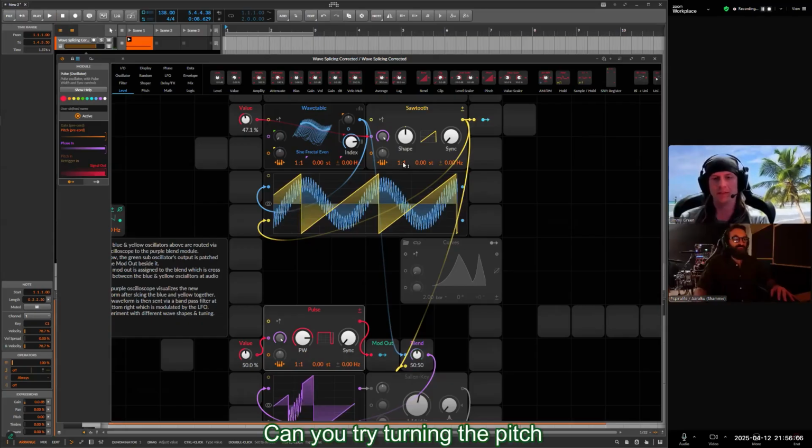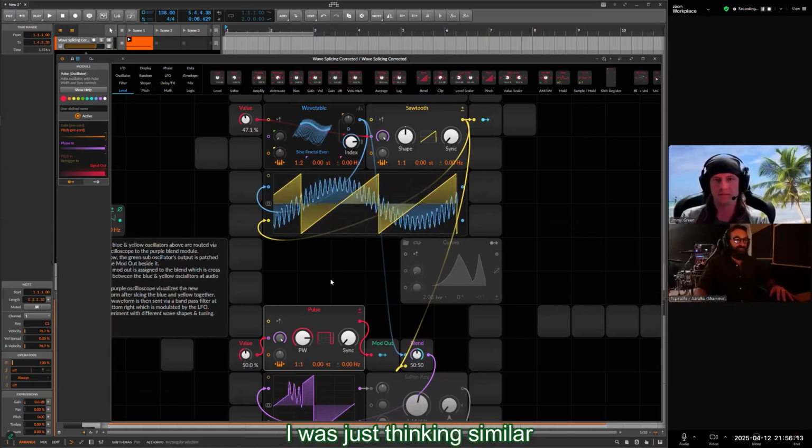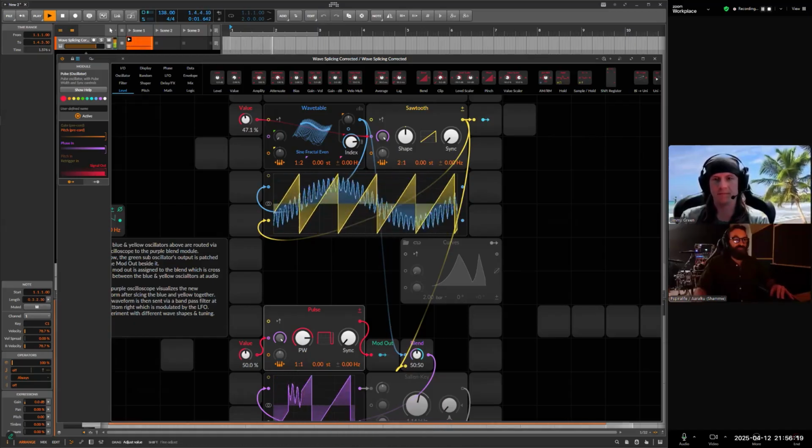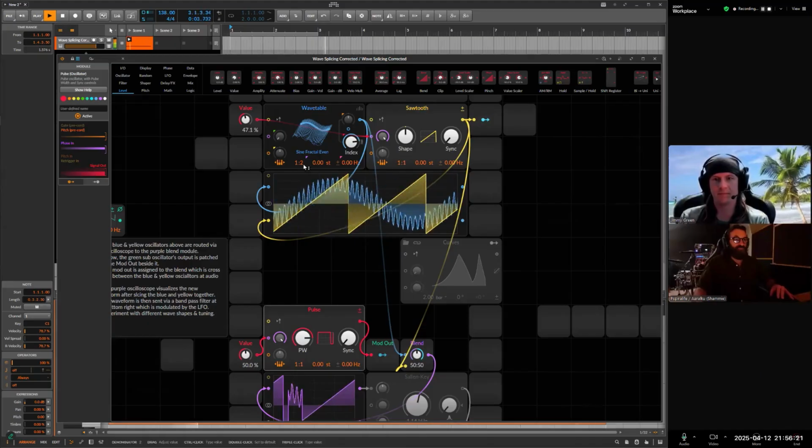Can you try turning the pitch of the wavetable down by an octave? See what that sounds like. Yeah, I was just thinking similar. One of the two, maybe we can boost. Oh, that's cool.